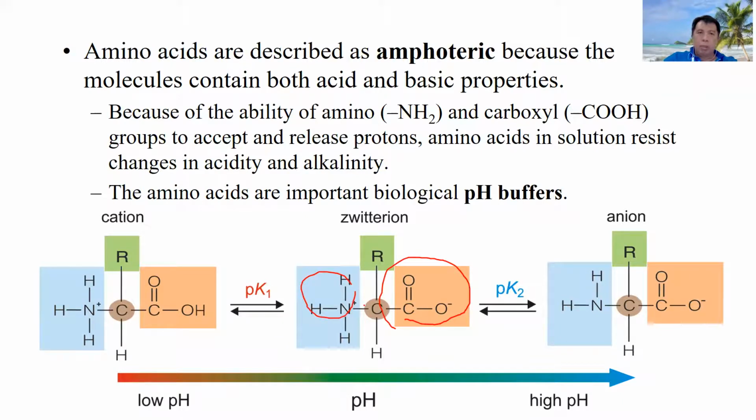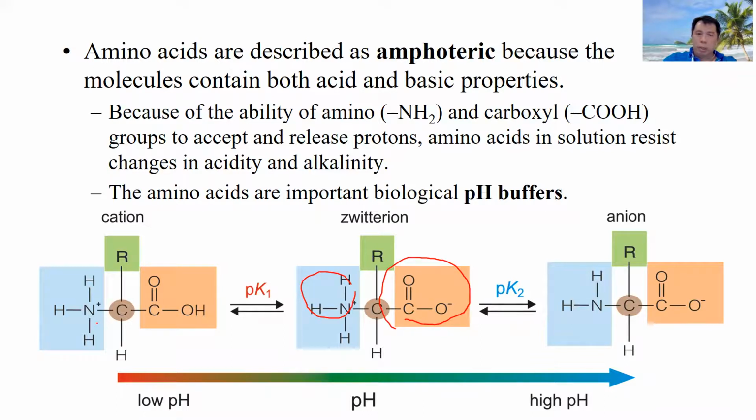Because of the ability of the amino group and also the carboxyl group to accept and release protons, the amino acids in solution resist changes in acidity and alkalinity.